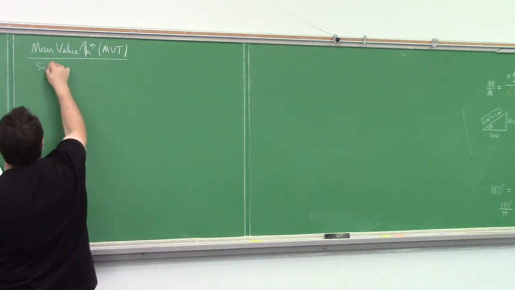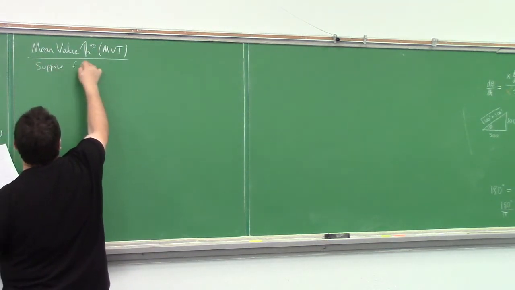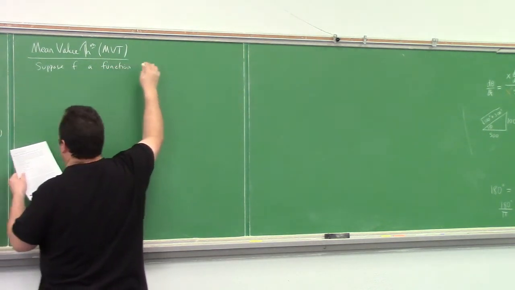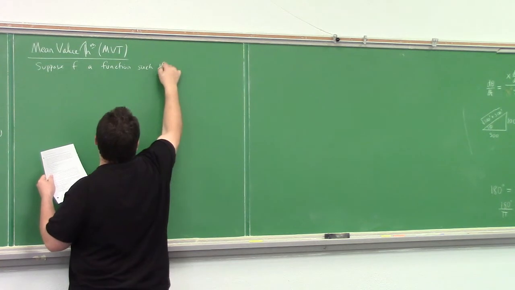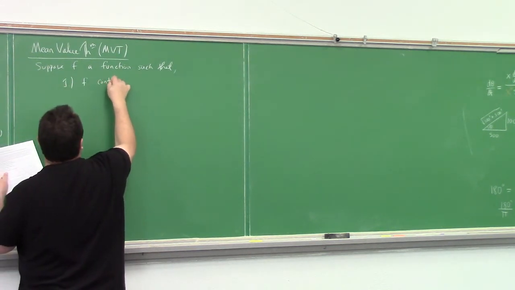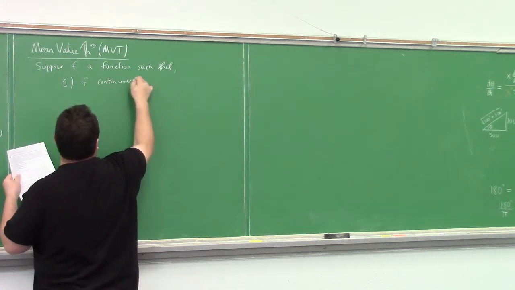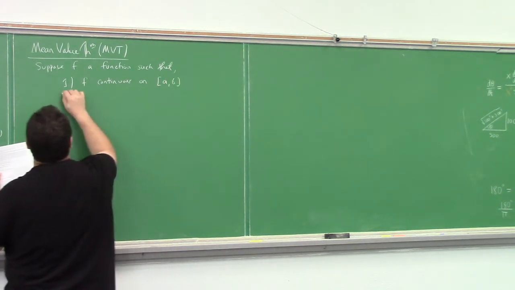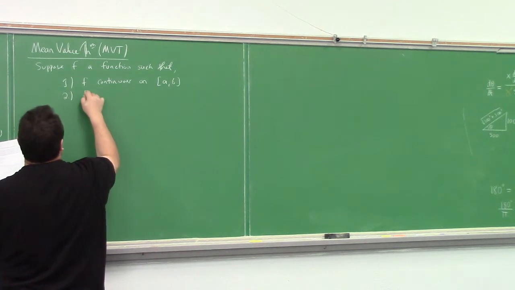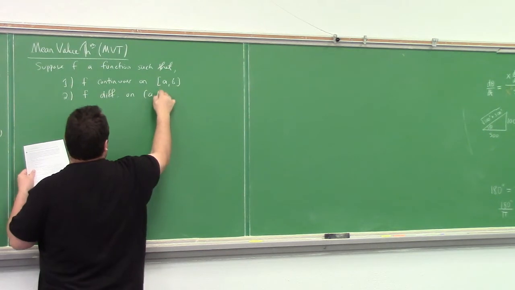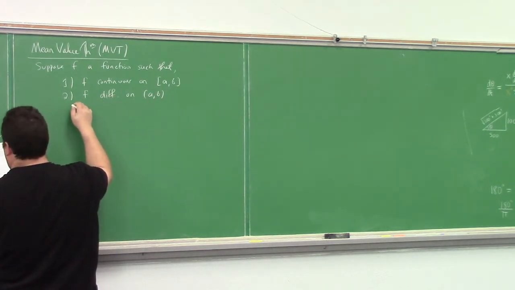Suppose f is a function such that, number one, f is continuous on the closed interval from A to B. Number two, f is differentiable on the open interval from A to B. And wait a minute.